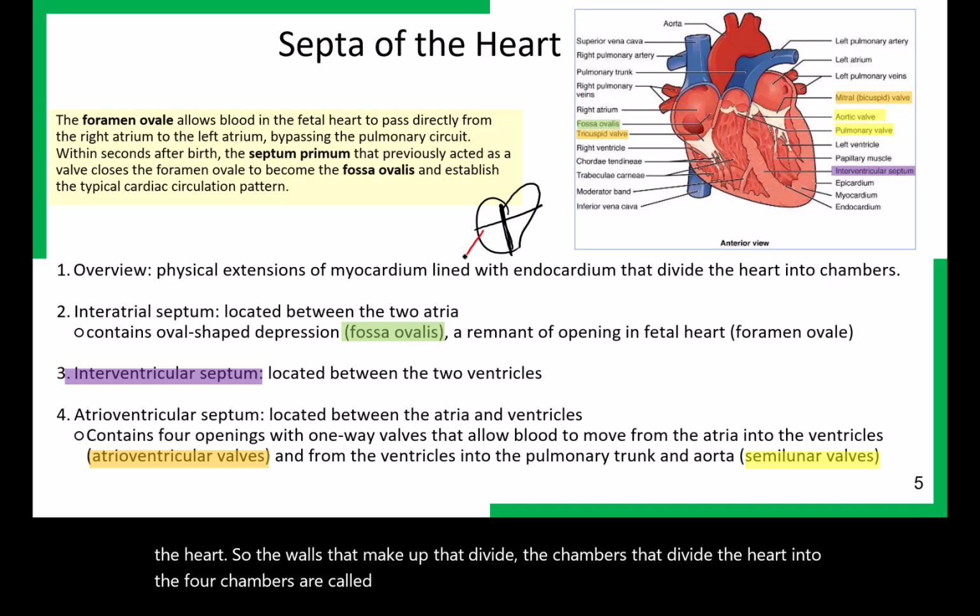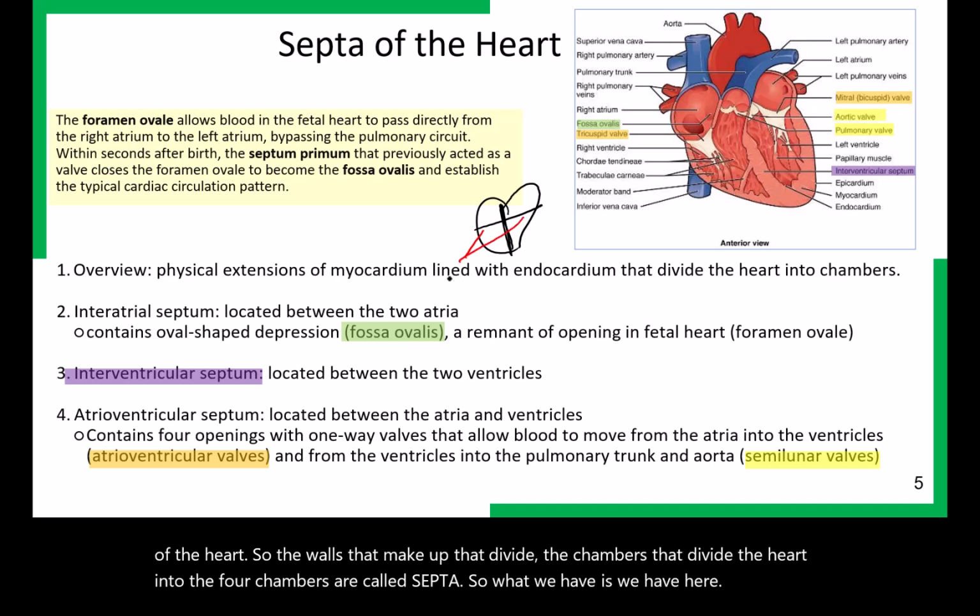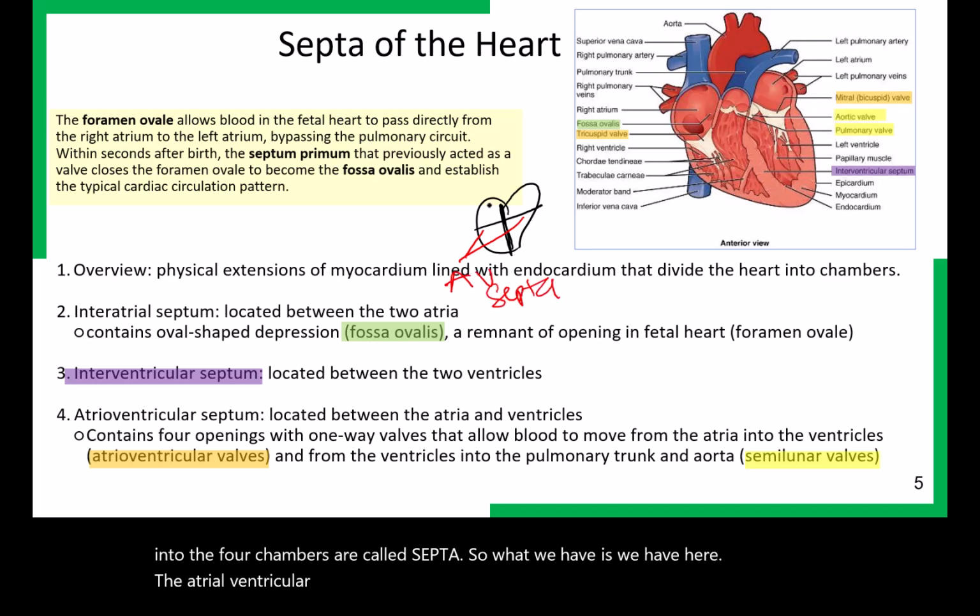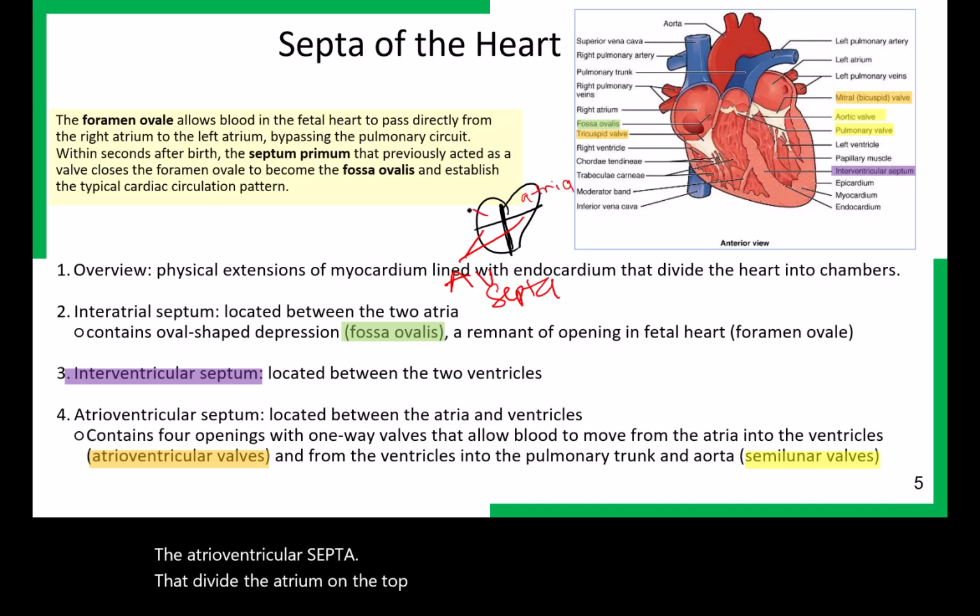What we have here is the atrioventricular septa that divide the atrium on the top here from the ventricles in the bottom.